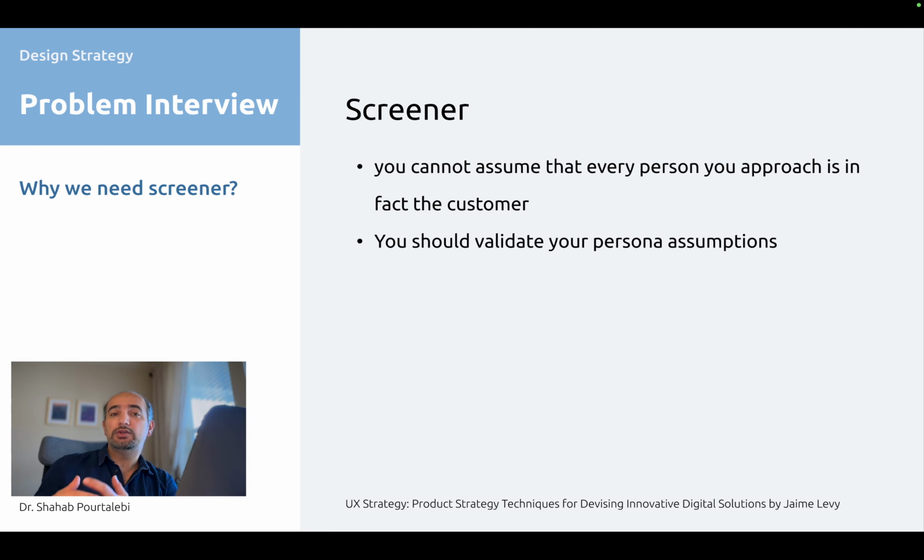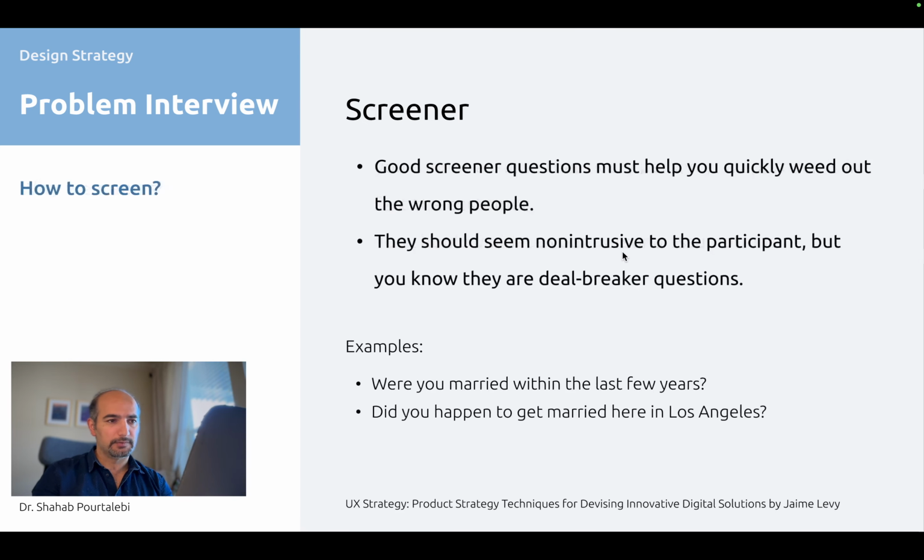So we try to filter out the participants based on these criteria that we extracted from our provisional persona. So those persona assumptions should be validated before getting started with the interview section.